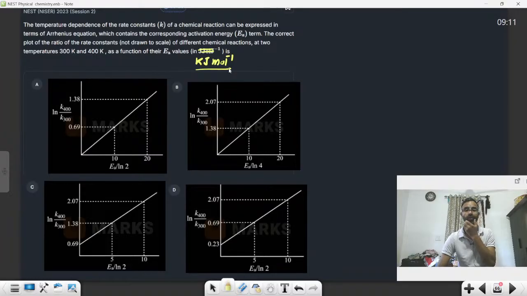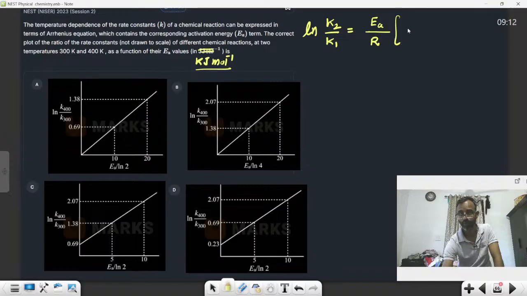So now Arrhenius equation, I think you know this. What is Arrhenius equation? It is natural log of K2 by K1 equal to EA upon R into 1 upon T1 minus 1 upon T2. This is extended form of Arrhenius equation because already natural log of K400 to K300 it is given.